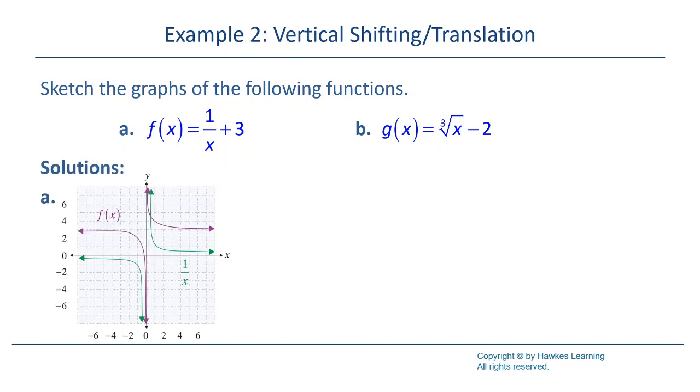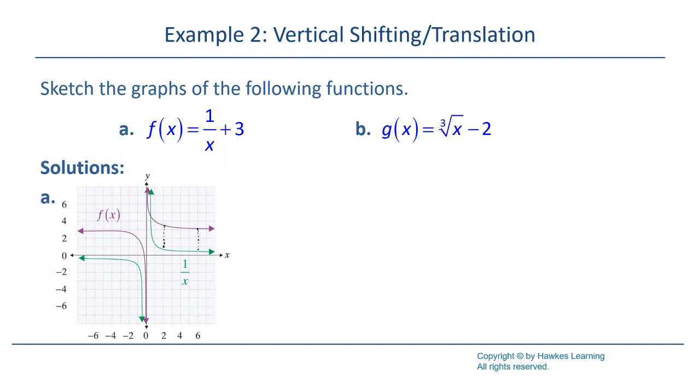So like if we look at the first one, the green is 1 over x. This is the function we're familiar with. Nothing too interesting about it. But again, notice the fact that every value is shifted up 3. It doesn't matter where you're at on the graph, they're always shifted up 3.